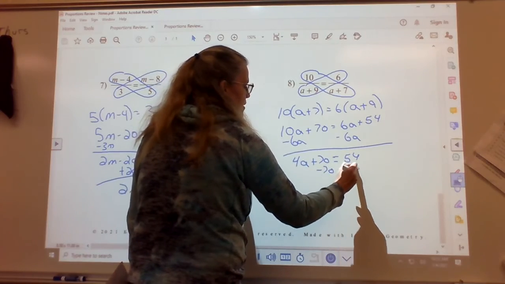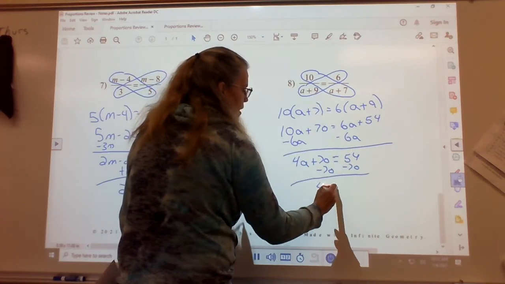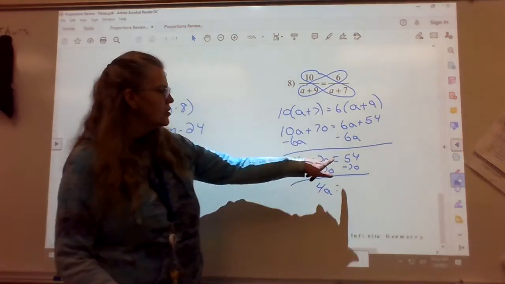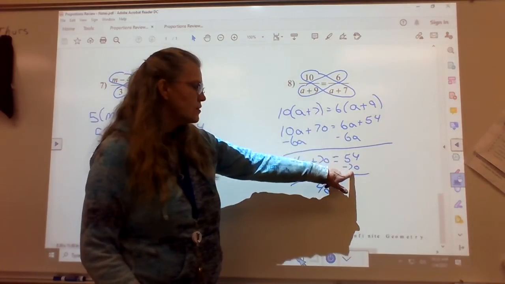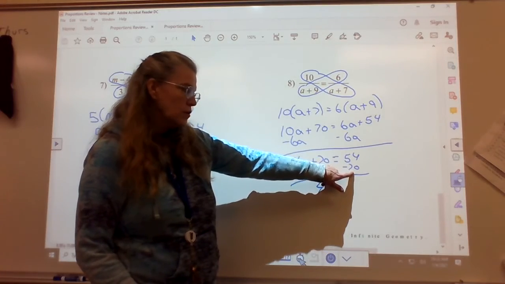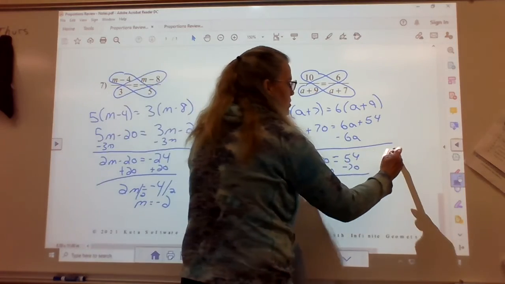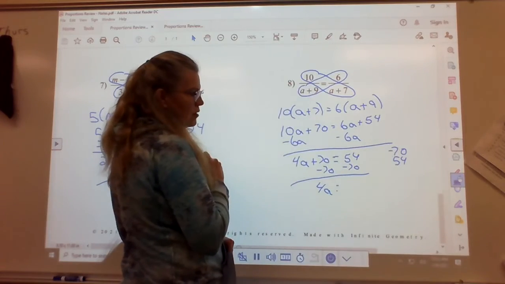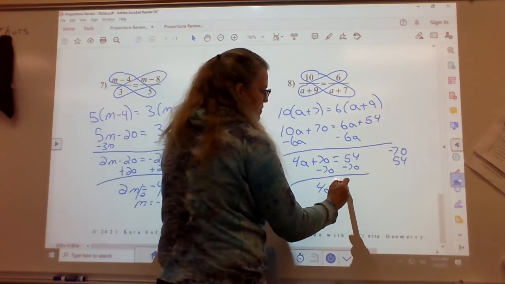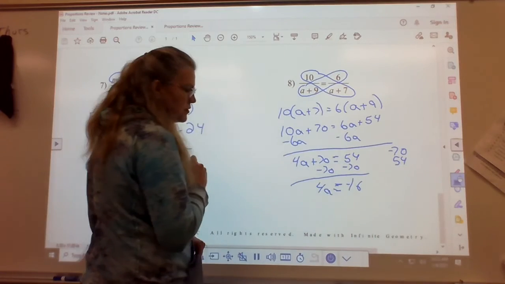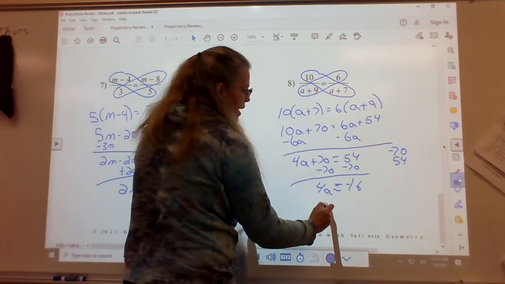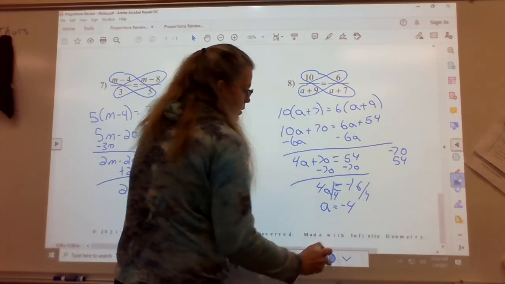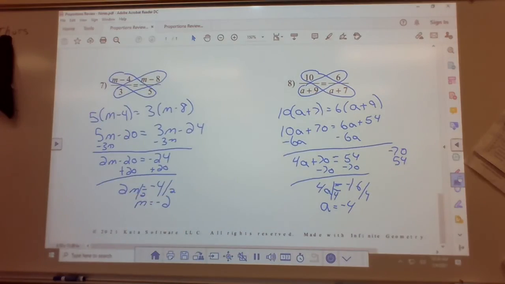Subtract the 70. 4a equals, now be real careful. If you need a calculator for that, use a calculator, because 54 subtract 70. I had some people trying to say it was 24, but it's 16, because it's really 70 and 54, think of it that way. So I get negative 16 there. So after I divide by 4, I get negative 4. So negative 4 is my answer there.